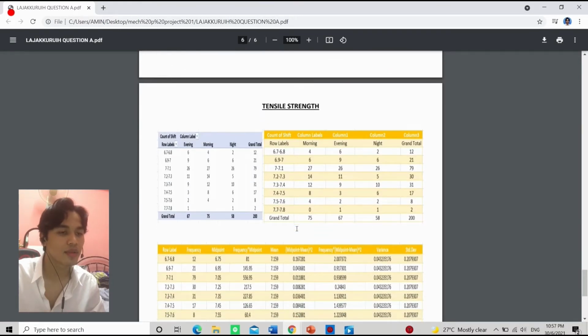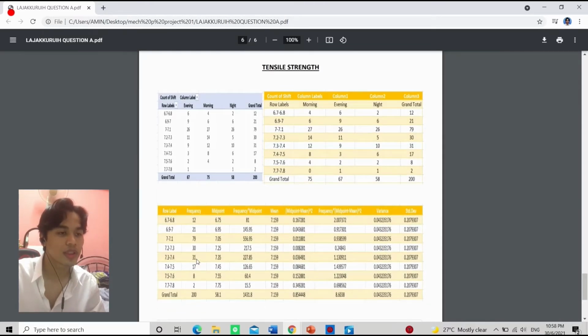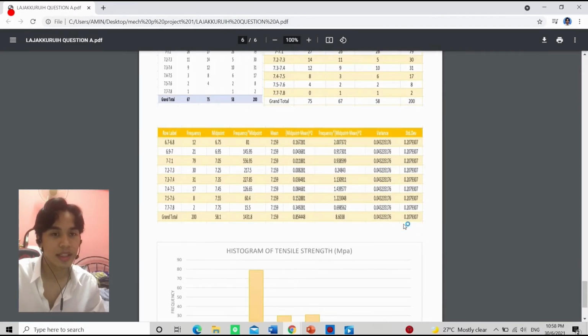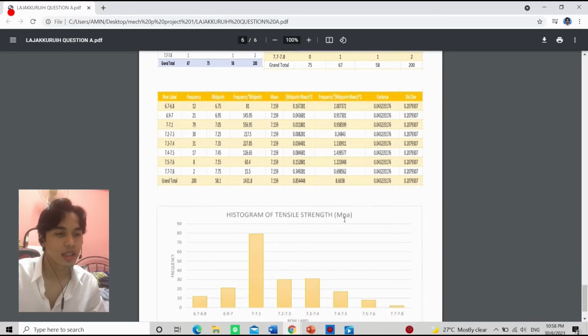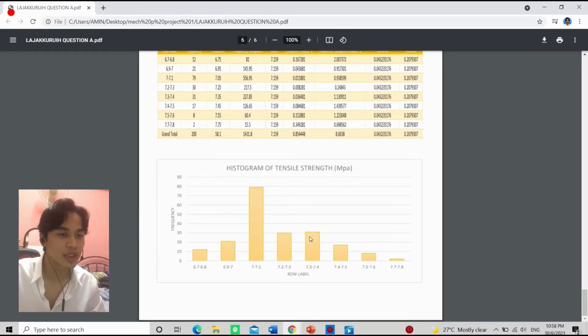And lastly, for tensile strength, we get the frequency for morning, evening and night and the grand total for each row label. From the total frequency, we find the midpoint, mean, variance and standard deviation. And then we do the histogram for tensile strength.